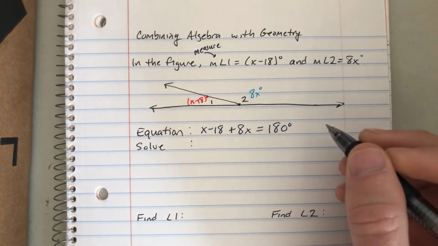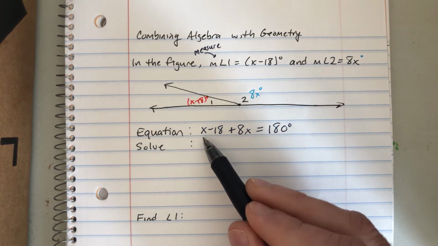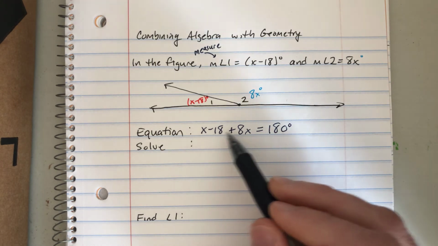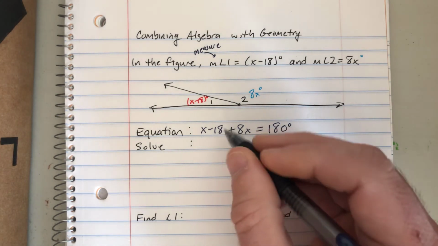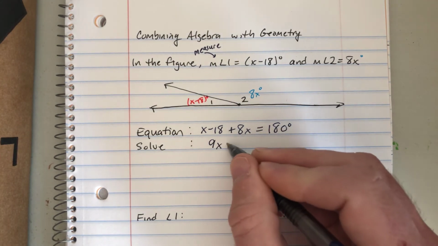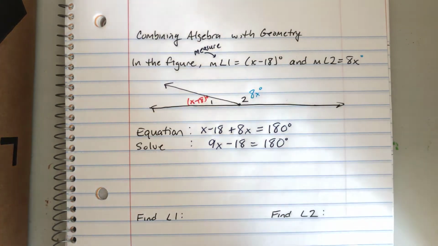Okay, so there's the equation. Now we'll solve. Earlier we solved an equation where we had variables on the same side. Here we have an x and an 8x. They're both positive. So together that's really 9x minus 18 equals 180.